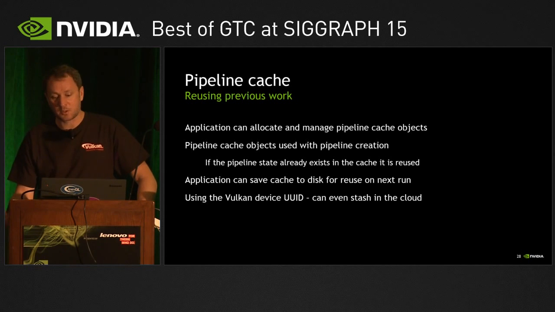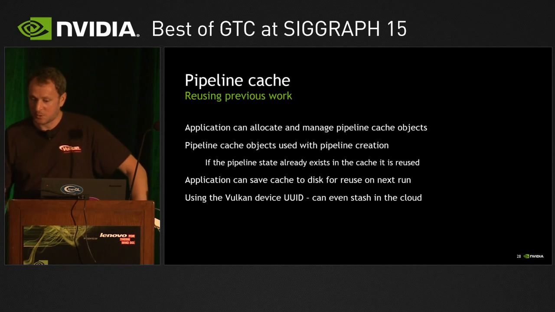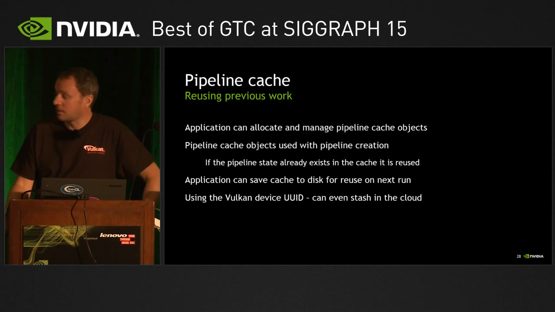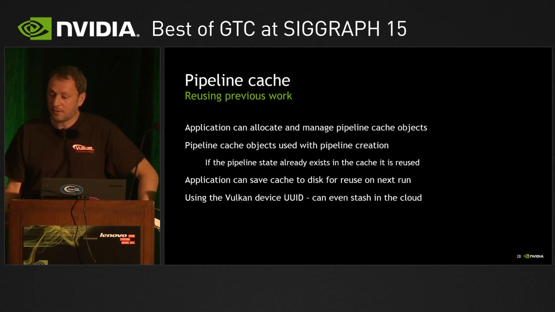And this is not the kind of work that you want to do while you're actually traversing your scene. This is stuff you want to do up front. So not only can you do the building of pipeline state objects up front, but you can also save the work you've done on previous invocations of the application for new launches of the application.